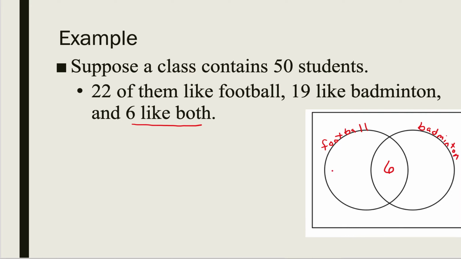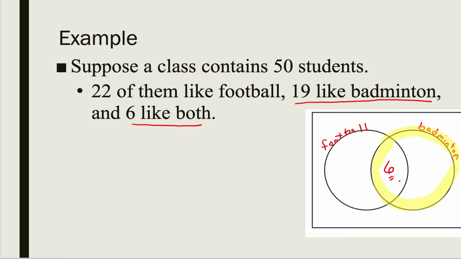All right, the next thing I'm going to work on is this 19. 19 students like badminton. This is the part that is a little bit difficult sometimes. What this is saying is that inside this yellow badminton circle that I'm drawing, you need a total of 19 students. You want to keep in mind that you already have 6 students sitting inside the yellow circle.